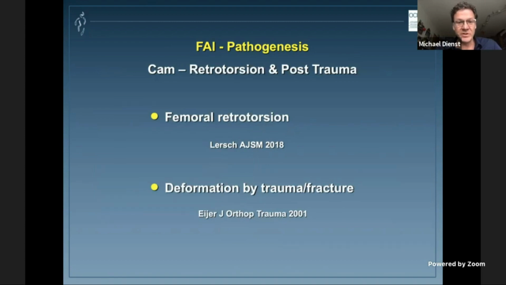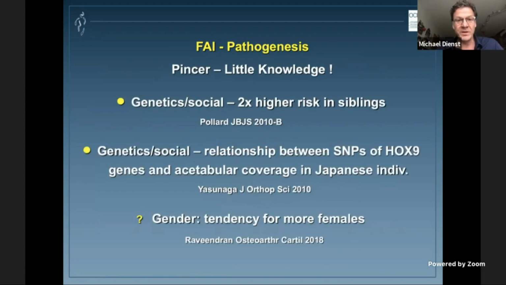Retrotorsion and post-trauma conditions. Femoral retrotorsion is an important issue, and we know also that the head-neck junction can be deformed by trauma and fracture, and this was one of the conditions that Reinhold Ganz and his group observed in the 90s when they came up with the concept of impingement.